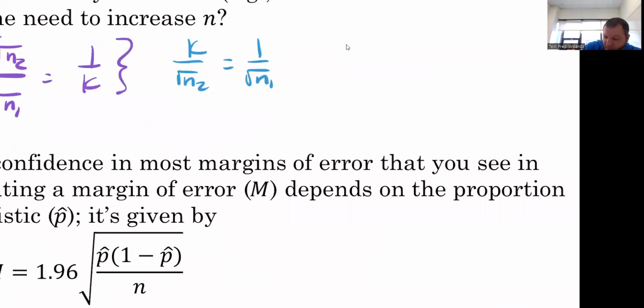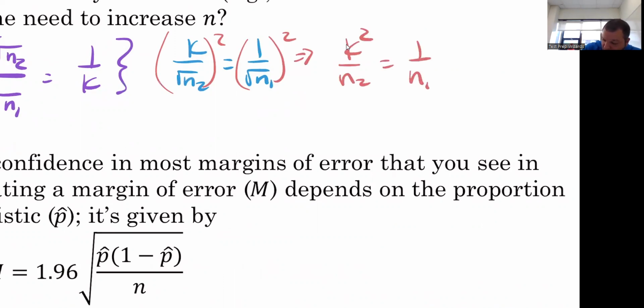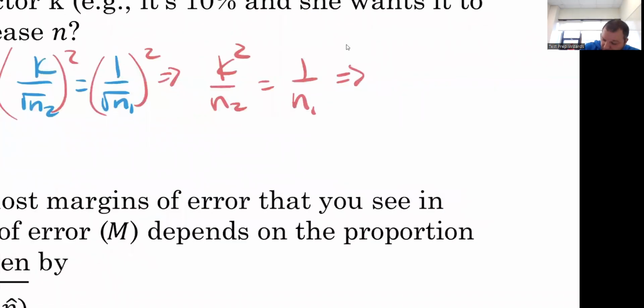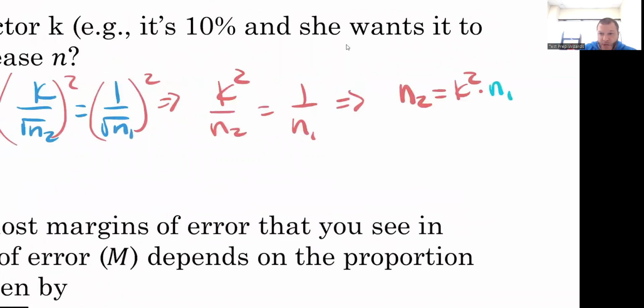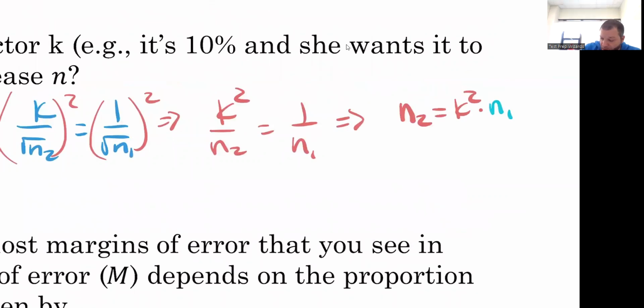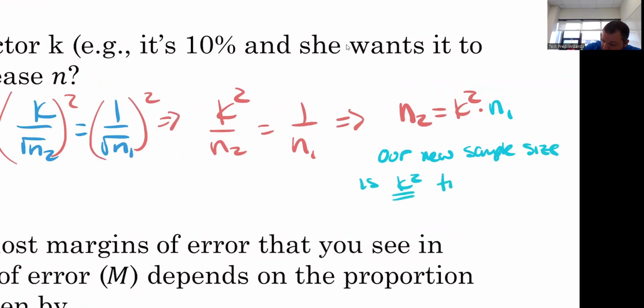We would square both sides again, so K squared over N2 equals 1 over N1. And again, a little cross multiplying gives N2 equals K squared times N1. So what this means is that our new sample size is K squared times the old sample size.